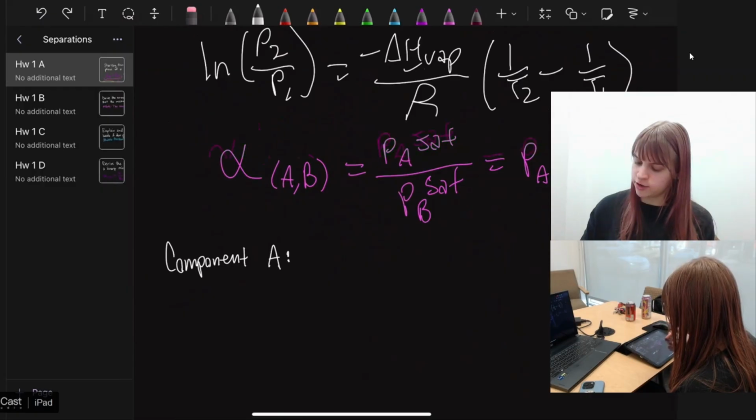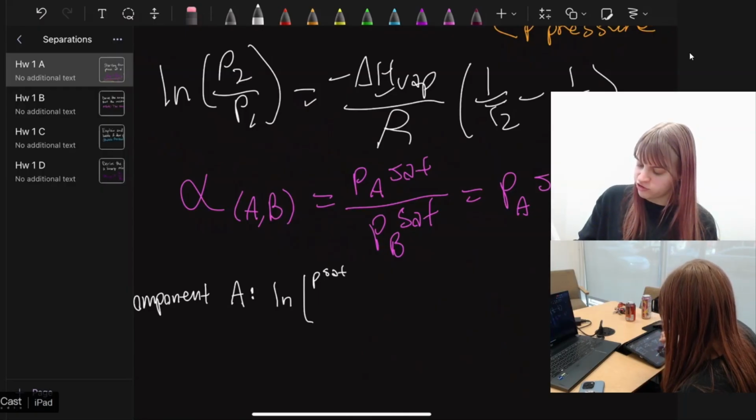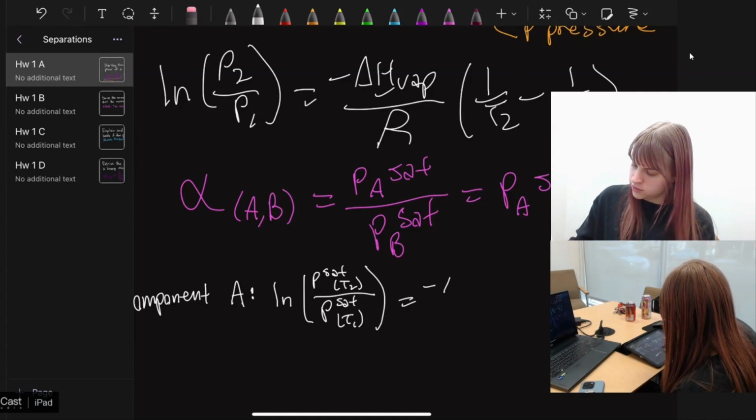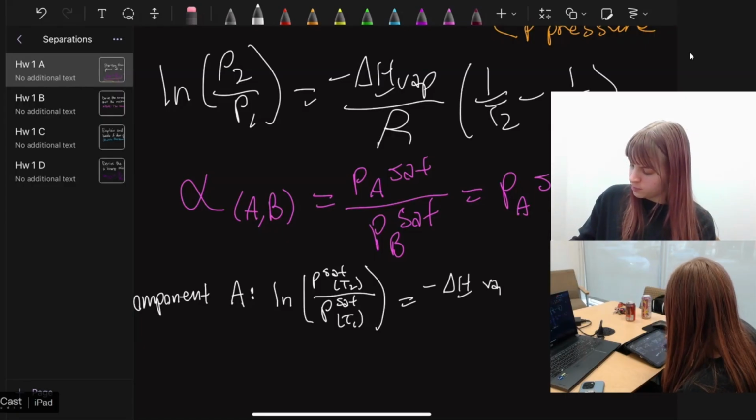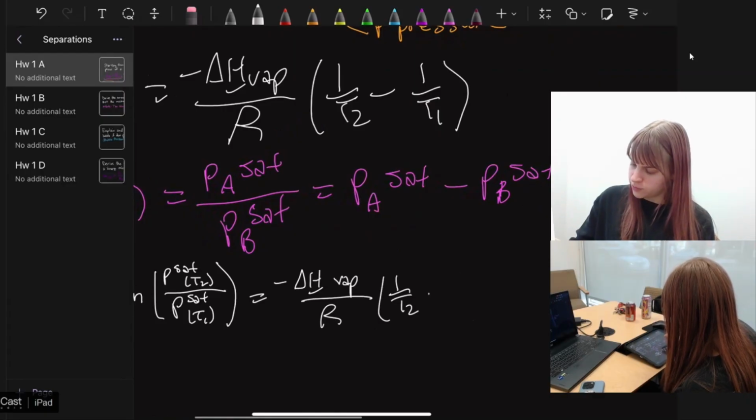We're going to do this for component A. So for component A, we have the natural log of the saturation pressure at temperature 2 divided by the saturation pressure at temperature 1 equals negative delta HVAP over R times 1 over T2 minus 1 over T1.